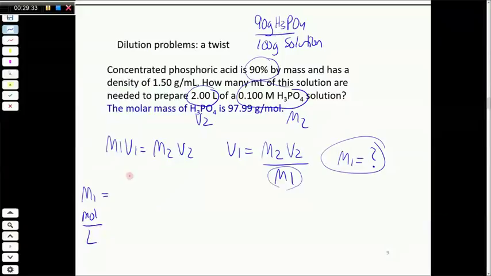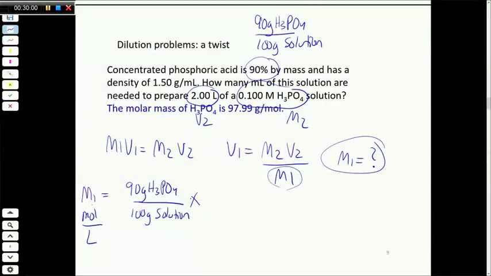And we're starting with a concentration that's 90 grams of H3PO4 per 100 grams of solution. That's our initial concentration unit that we're given. And so we have to figure out a series of steps to convert this into molarity, moles per liter. So if we look at the numerator first, we want the numerator to be in moles. The numerator is in grams. Do we know how to convert grams to moles? I sure hope so by now, because I've done it a million times.